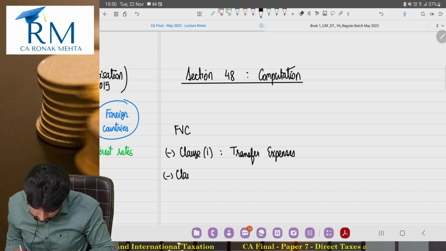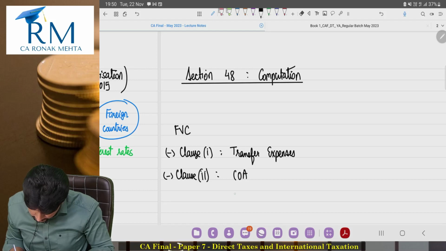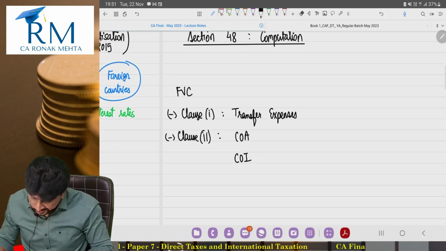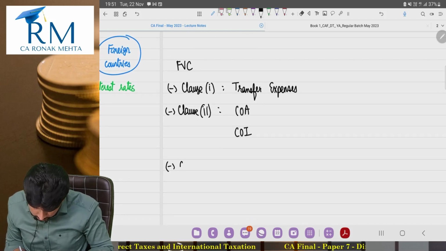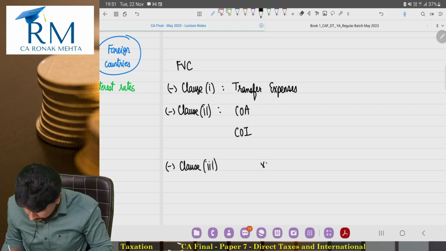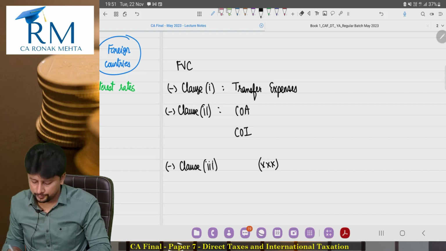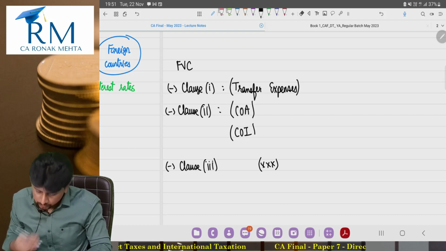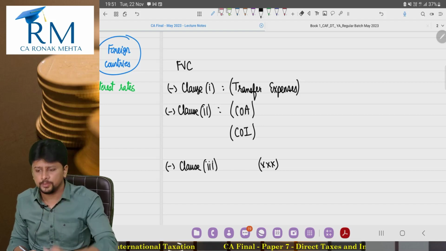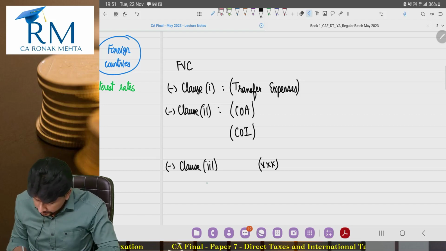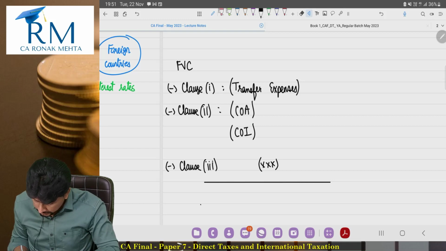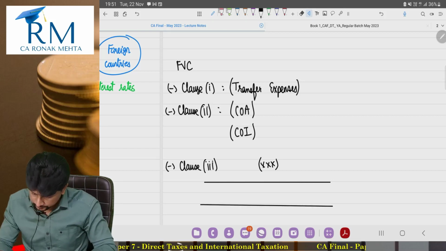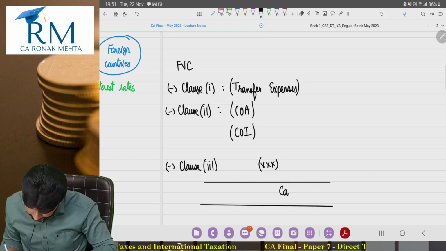Under clause 2 you will subtract cost of acquisition, cost of improvement, and you will also subtract something as clause number 3. Fair enough. Transfer expenses will be subtracted, cost of acquisition will be subtracted, cost of improvement will be subtracted, and clause 3 will be subtracted, and this will be income chargeable under the head capital gains. Fine. So as of now I'll simply write down capital gains.